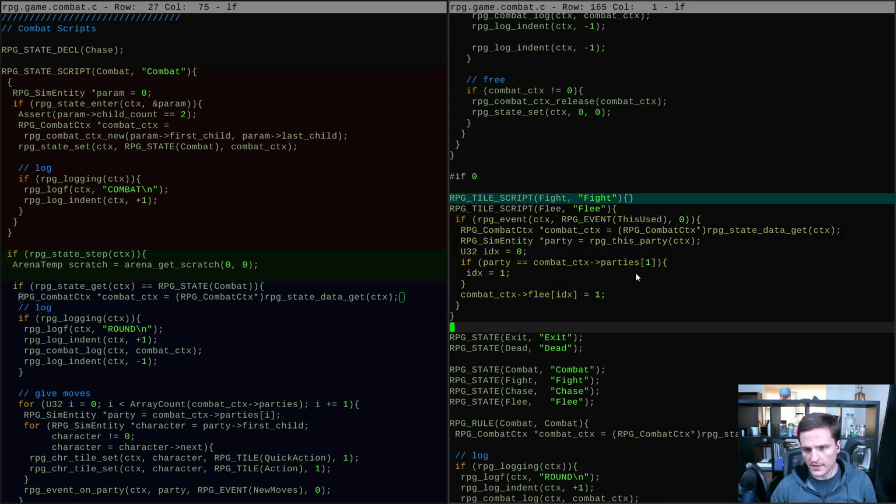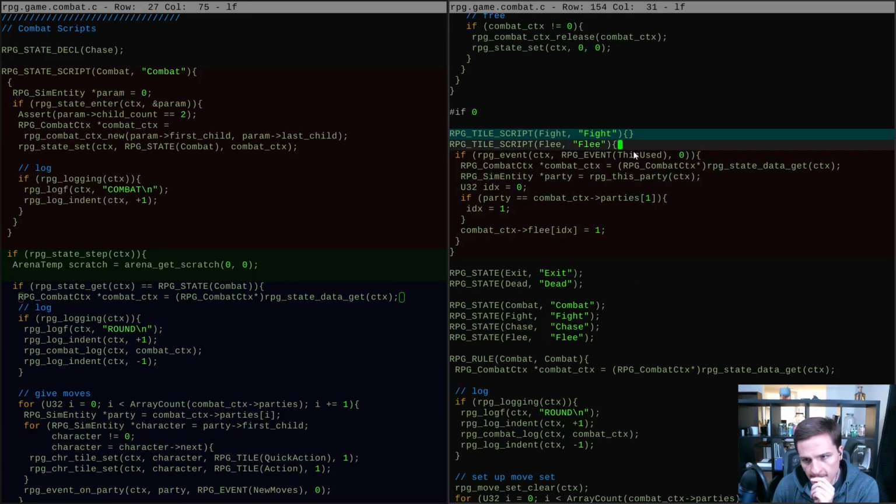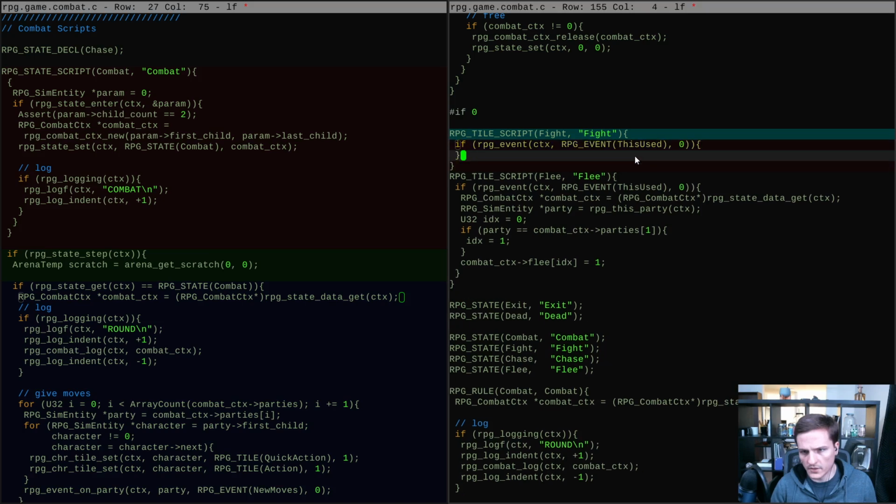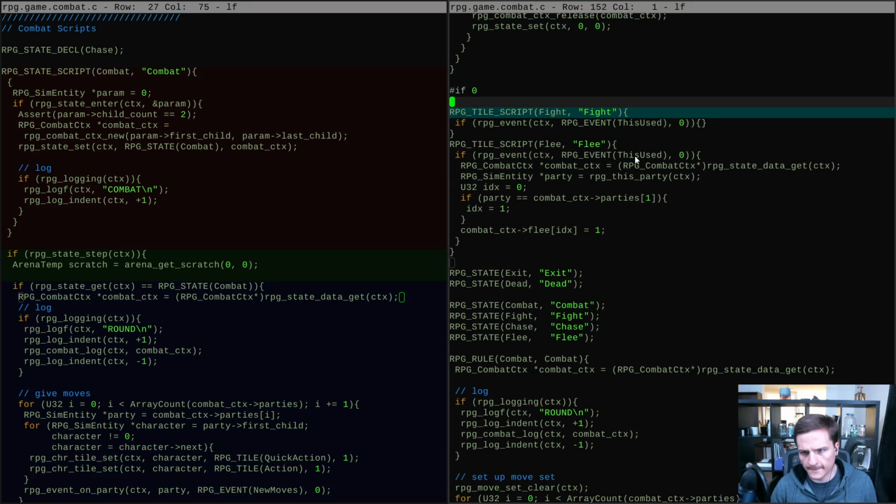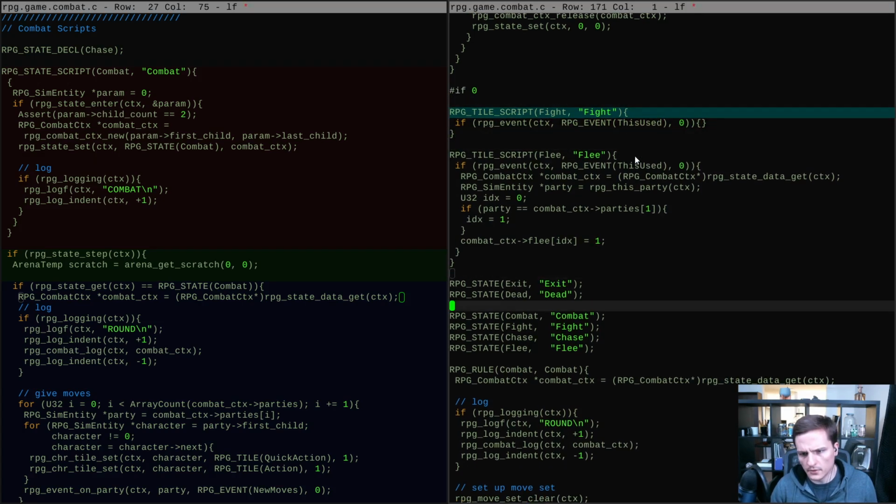That goes in the flee tile. This one will just do nothing, but it'll be usable.